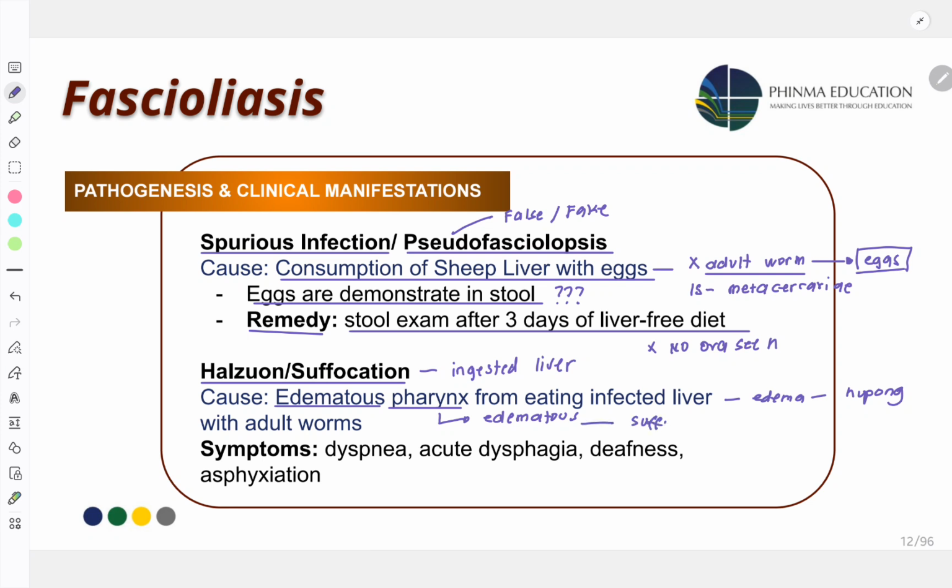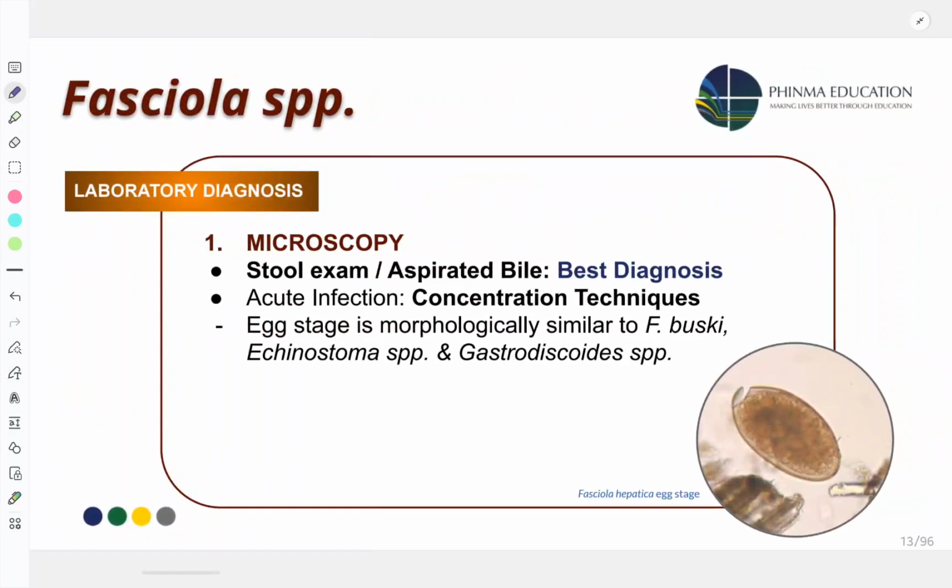So naay suffocation. So, symptoms: dyspnea, acute dysphagia, of course, maglisod kag hinga, dili ka katulon, sometimes you become deaf, and of course, asphyxiation, no? Kanang, wala na jud ka hinga. So, dyspnea, dysphagia, deafness, and asphyxiation.